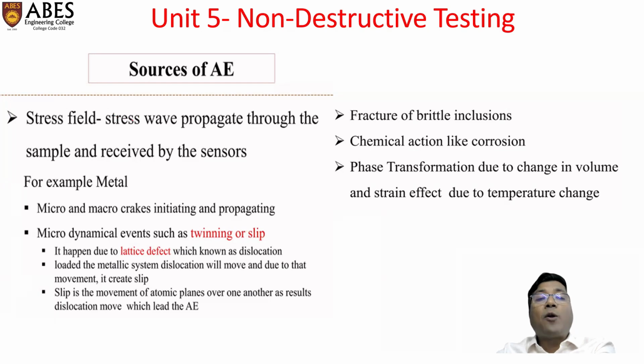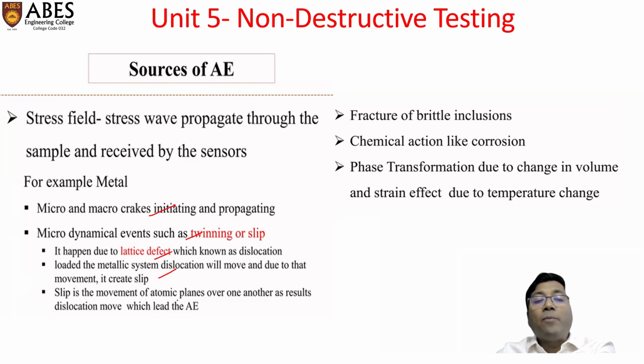Stress field, stress wave propagates through the sample and is received by the sensors. For example, in metal, micro and macro cracks initiating and propagating can be detected. Microdynamical events such as twinning or slip happen due to lattice defects, which we have discussed in the defects section also, known as dislocation. When the metallic system is loaded, dislocations will move, and due to that movement, it creates slip.